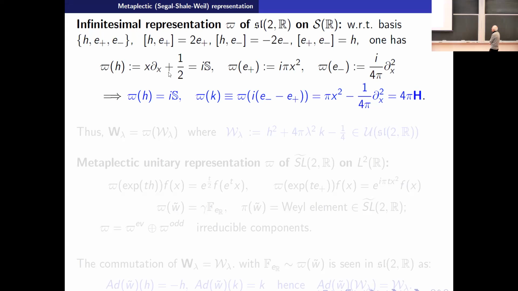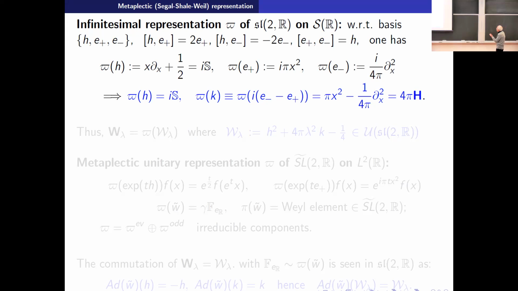The infinitesimal metaplectic representation takes little h into capital H, or iS. It takes E plus into x squared, which is a nilpotent, and it takes the opposite nilpotent, upper diagonal, into the square of the derivative.